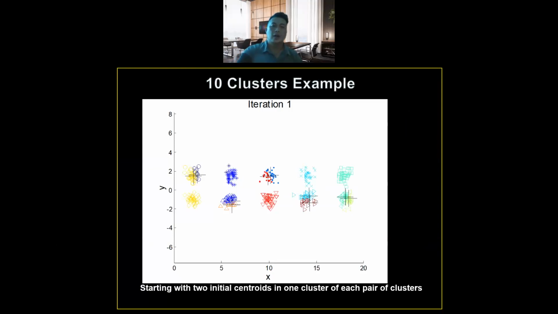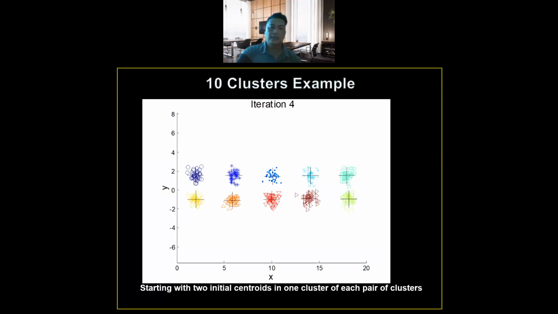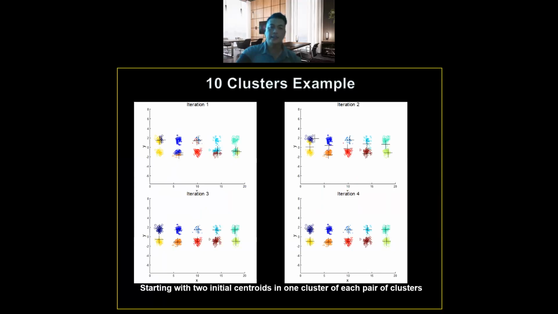Okay. So look at this example. We have selected 10 initial centroid, and when we perform the iteration slowly, they will converge to this.